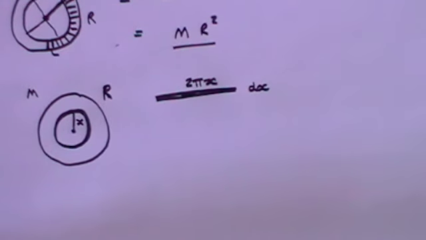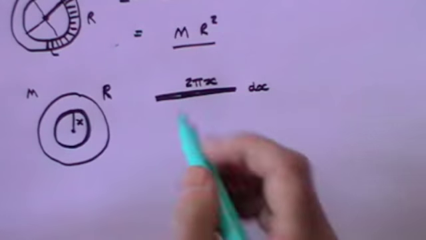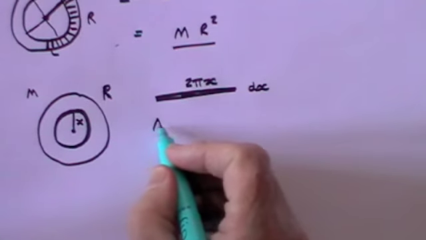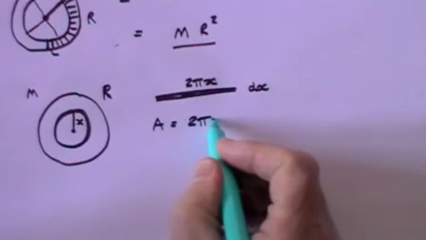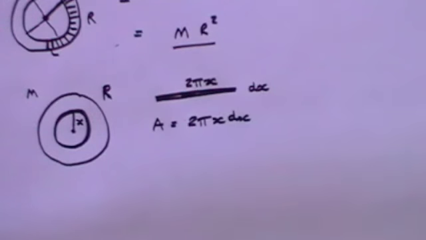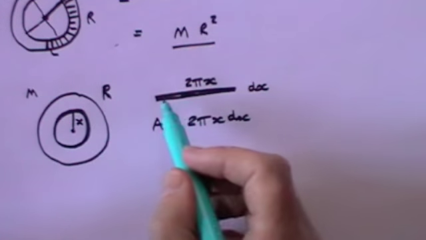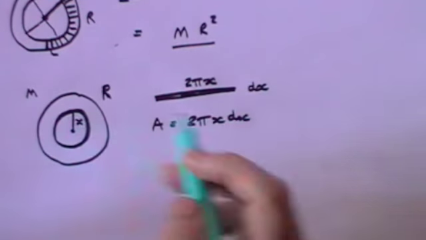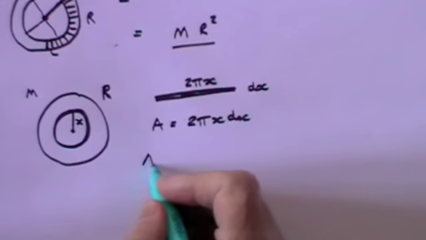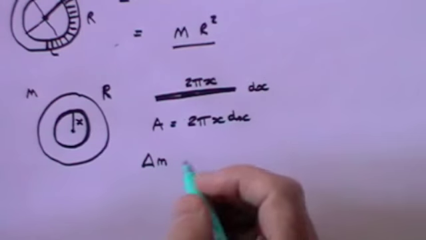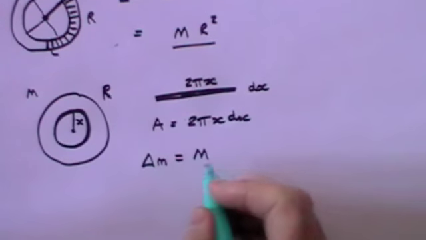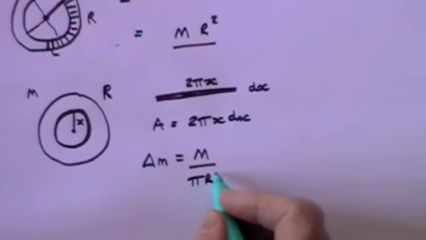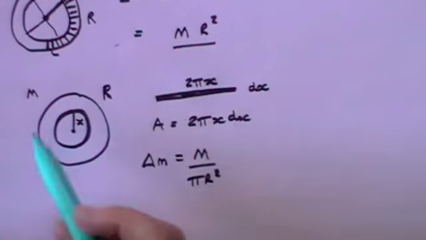What is the area of this very thin ring? The area is equal to the length times the depth, 2 pi x times dx. What is the mass of this thin ring? Well, the mass, which I'm going to call delta m, is equal to essentially the area density, which is the total mass divided by the total area.